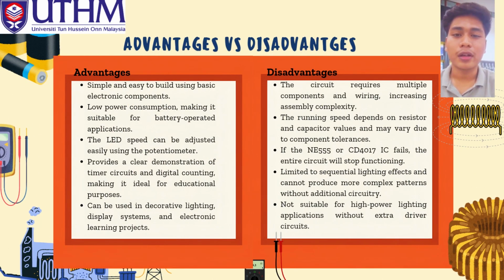First, I can explain the advantages and the disadvantages. The first advantage, you can look at the display. The circuit is simple and easy to build using basic electronic components. Next, low power consumption, making it suitable for battery operated applications.